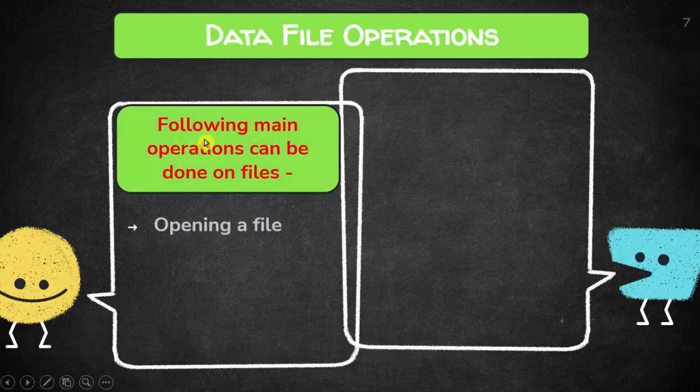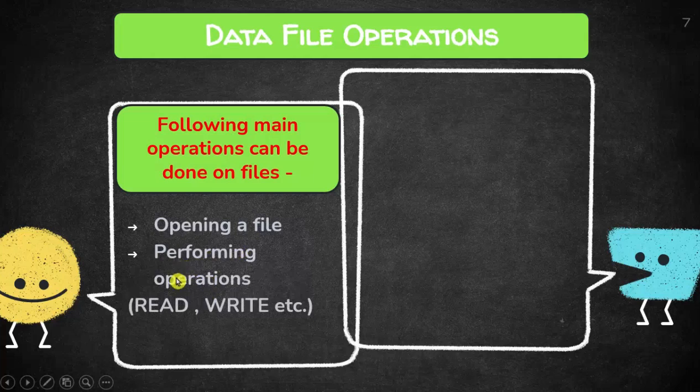The following main operations can be done on a file. The first operation is opening a file, the second is performing operations, which are read and write operations, and the last one is closing the file.